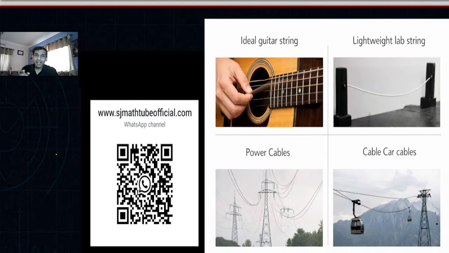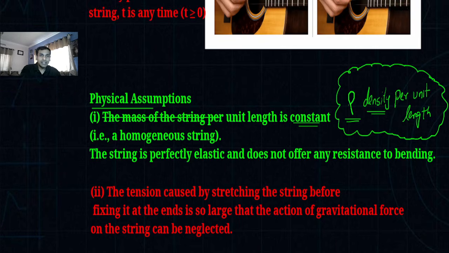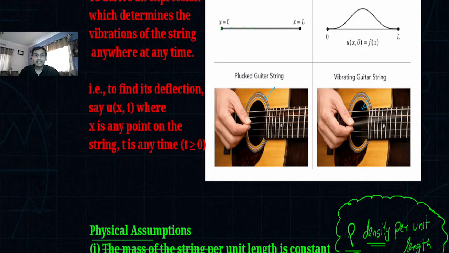Now look at this. Our assumptions are: 1. The mass of the string per unit length is a constant. And by the way, if you want, you can write rho as the density per unit length, because later in the derivation, we will consider 2 points x and x plus delta x.